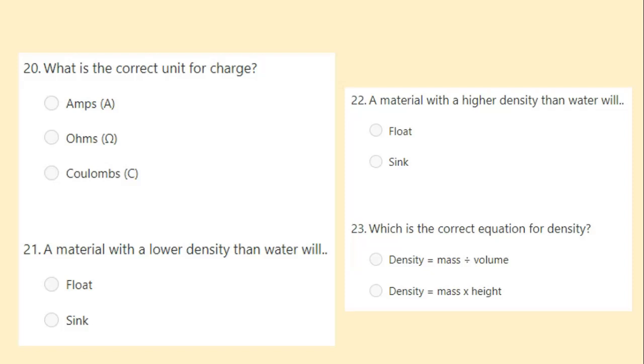Question 21. A material with a lower density than water will float or sink. You need to decide. Will a material with a lower density than water float or sink?